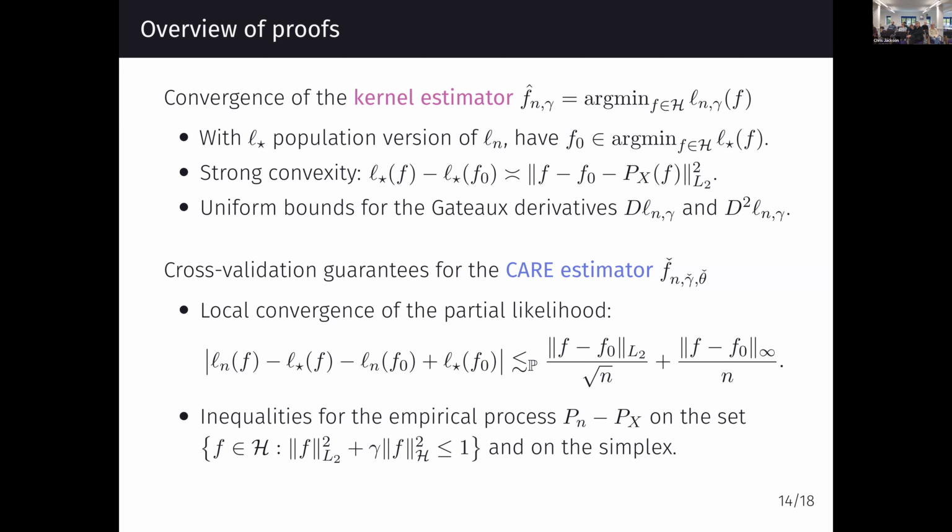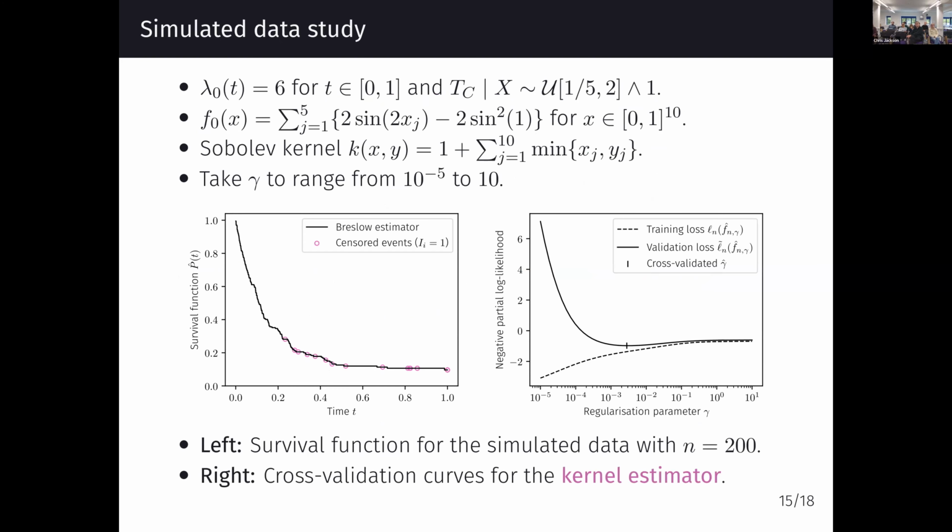Okay. So here's a simulated data study that we did. We're trying to model something relatively realistic here. We have quite a simple data generating process: a constant background hazard function, because this doesn't come into the partial likelihood at all, and we're going to assume that the censoring times are also just uniform for simplicity.